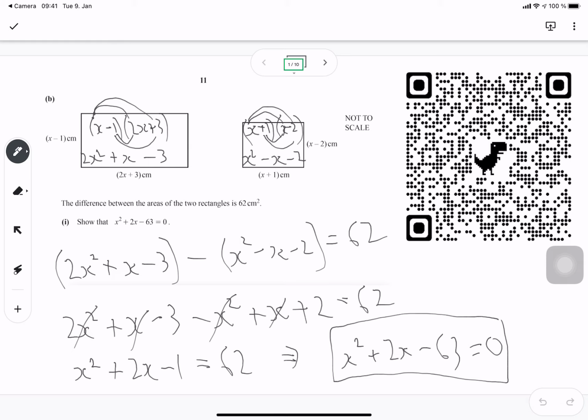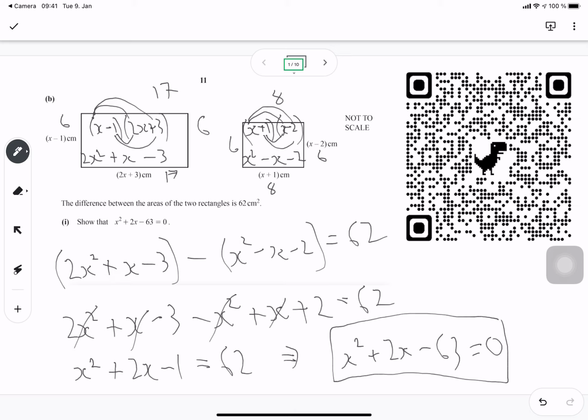So 7 minus 1 gives me 6. 2 times 7, 14, plus 3 is 17. 7 plus 1 is 8, and that one is 6. So I've got a rectangle that's 6 by 17, and the other is 8 by 6.